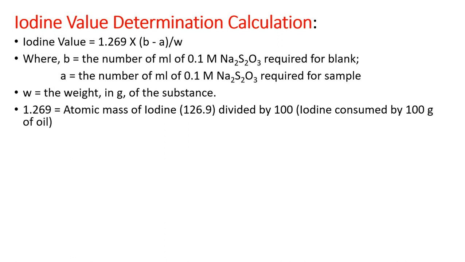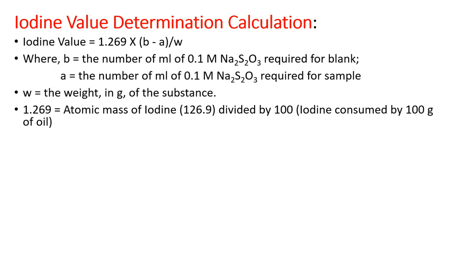Now this 1.269: 126.9 is the atomic mass of iodine, and iodine value is determined as grams of iodine consumed by 100 gram of sample, 100 gram of oil. Therefore we are dividing this 126.9 by 100 to get 1.269.